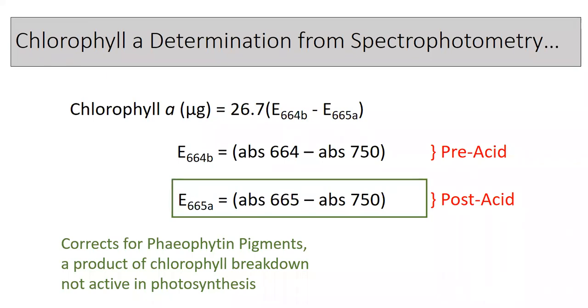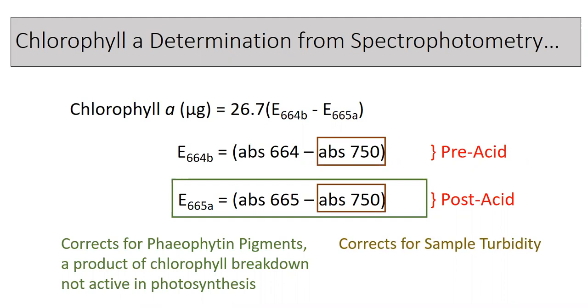So basically what we do when we add the acid, it breaks down the chlorophyll so that when we take the absorbance at that point, all we're getting are those phaeophytin pigments. So the E665A is basically telling us how much absorbance in that sample is due to these pigments, which are not chlorophyll. Then we can subtract that from the total absorbance, and of course what we have left is chlorophyll. So the whole reason we acidified the samples was to get an estimate of these other pigments in that extract.